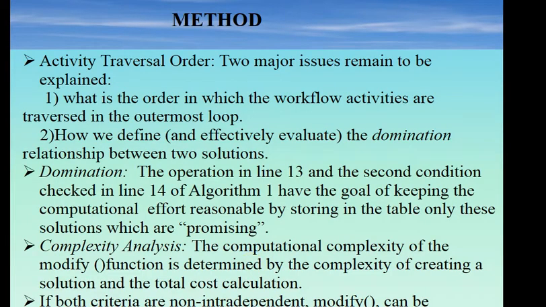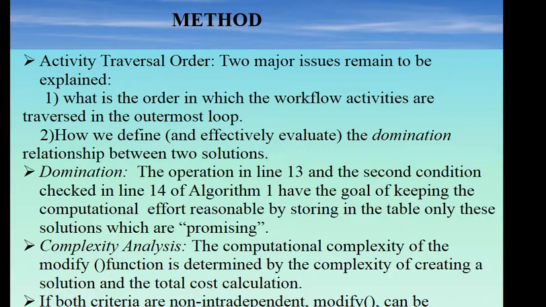There are two kinds of orders, that is activity traversal order. First would be the order in which the workflow activities are traversed in the outermost loop. Second would be how we define the domination relationship between two solutions. One would be domination and the complexity analysis. Here, as I said, in the 13th and 14th lines they keep the computational effort reasonable by storing in the table only those solutions which are promising.